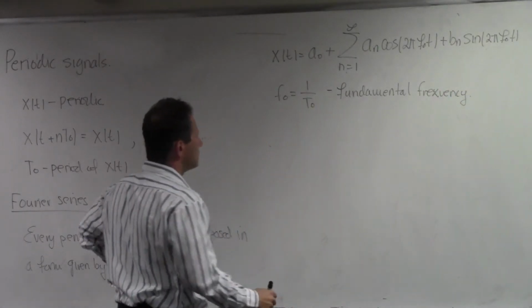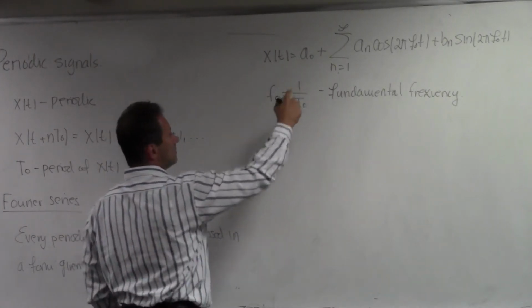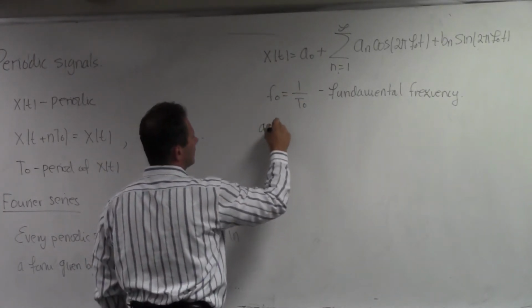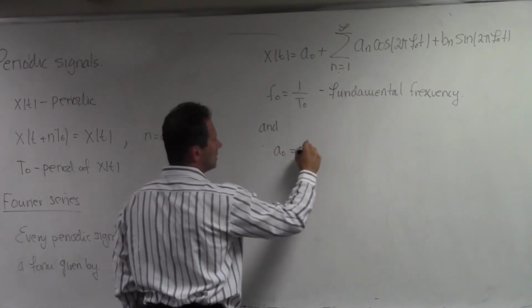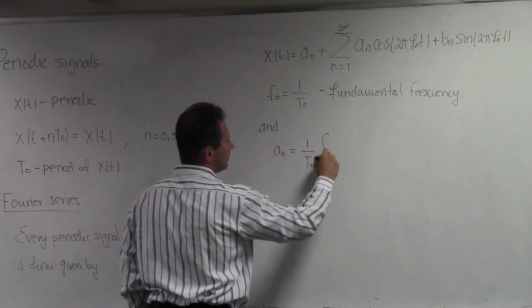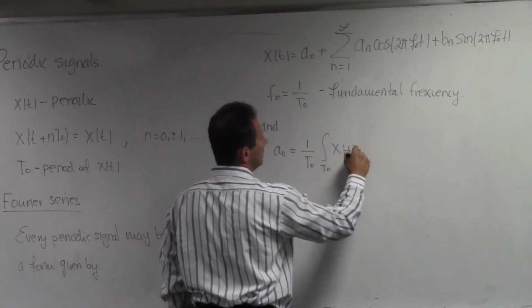And then these coefficients in this expression here can be calculated in the following manner. A0 is calculated as 1 over t0 integral over t0 of x of t dt.